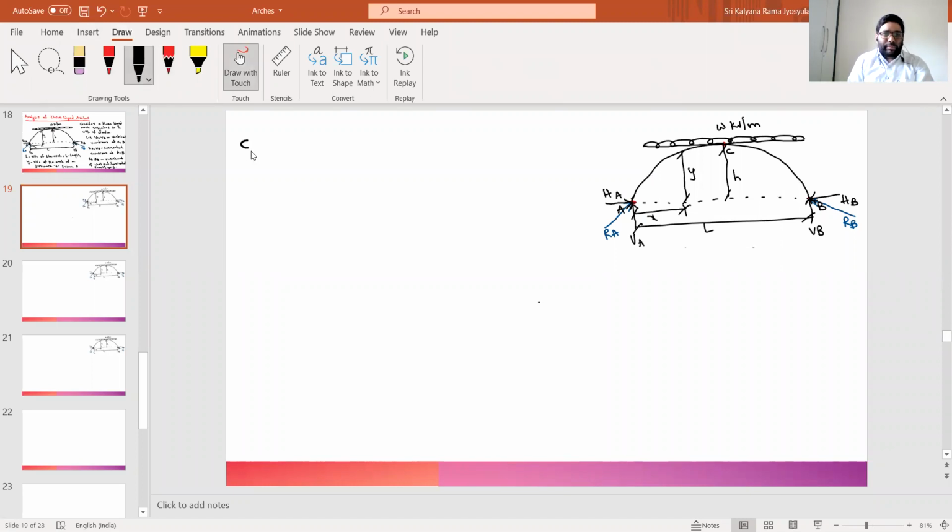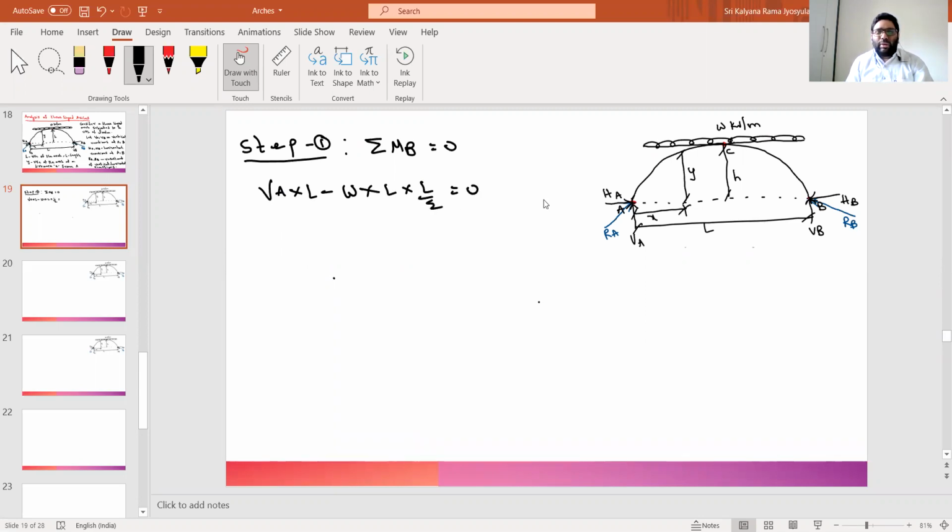Step 1: sigma MB is equal to 0. So what will you get? Taking moments about point B, VA into L minus W into L by 2 is equal to 0.